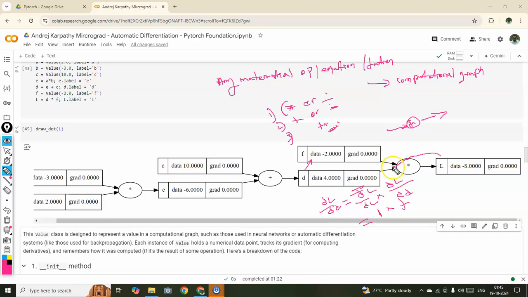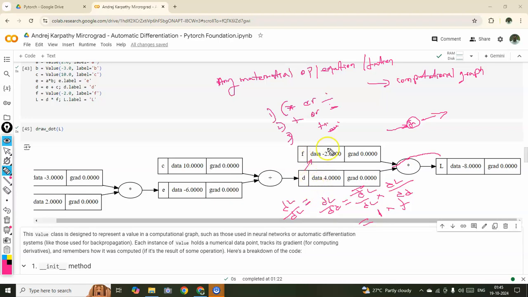So how does this affect? The effect of dl by dd depends on the gradient passed from the previous node and the value of the other node.